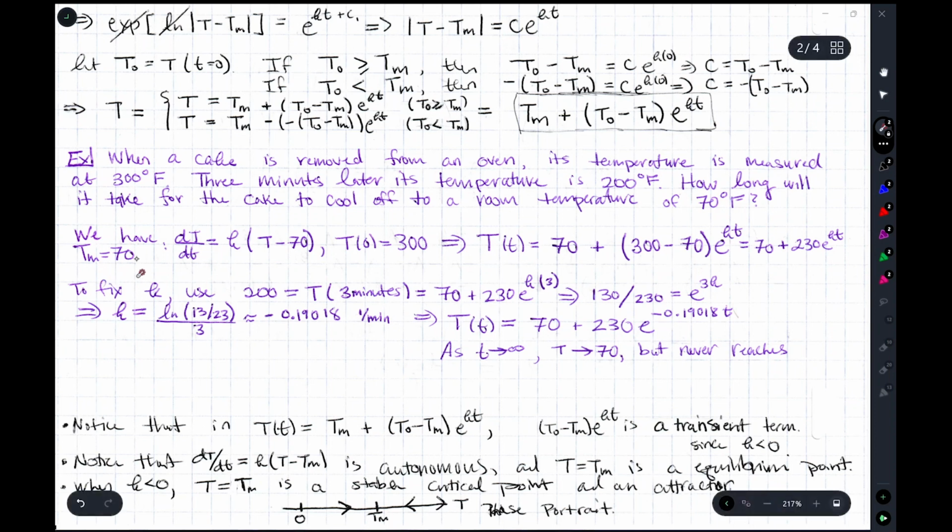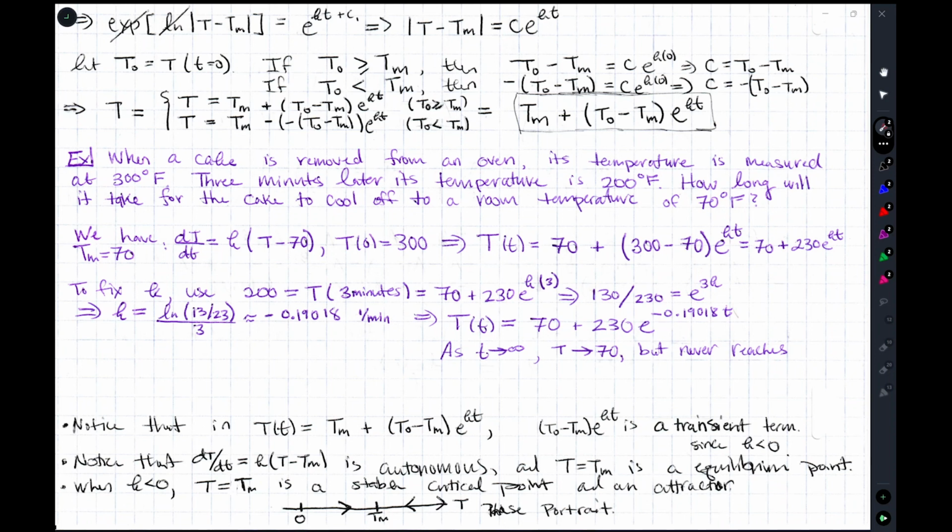And we'll solve the differential equation again here, just to go through it. So Tm is 70 degrees Fahrenheit, and that's why we have a 70 there. T0 is equal to 300, the initial temperature. And we're basically going to solve for K because we don't have it.